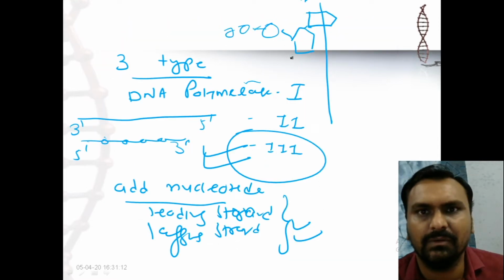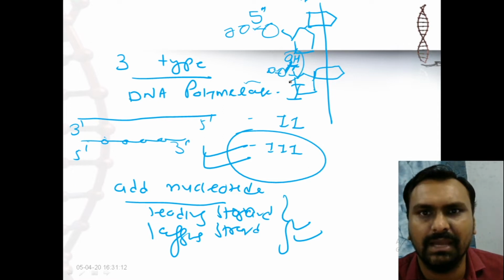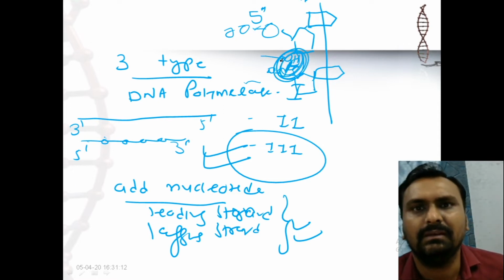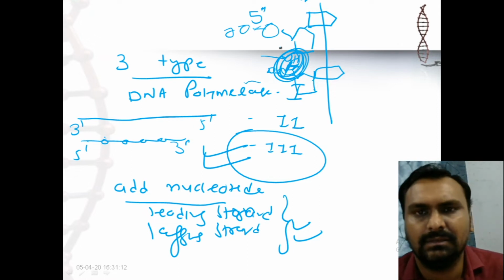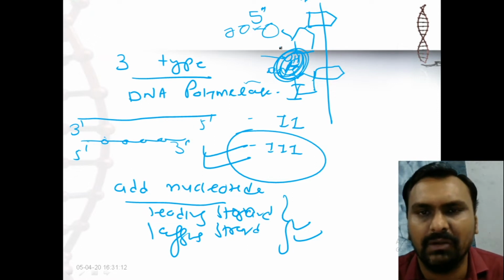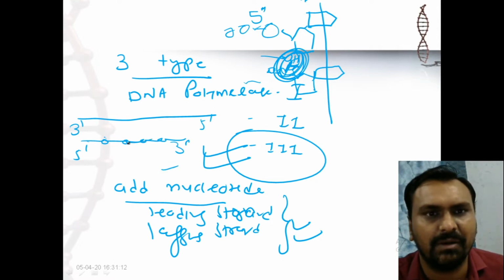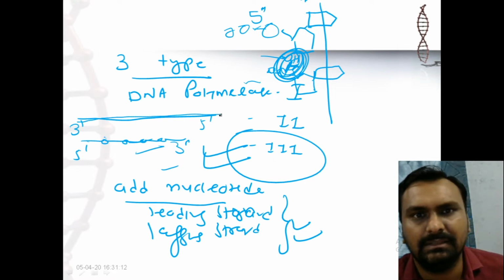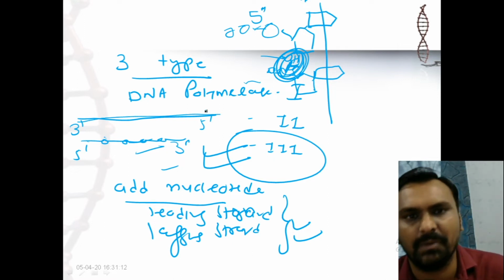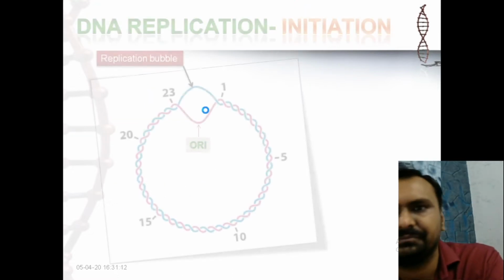Here to this hydroxyl group, so this is a 5' end which is free, and to this side another nitrogen base, another nucleotide is added, and here there is a phosphodiester linkage, okay. So a newly synthesized nucleotide is added to the 3' hydroxyl group of the previous nucleotide. So always this synthesis takes place in 5' to 3', reading in 3' to 5', and adding nucleotides in 5' to 3'. Always remember this, okay.